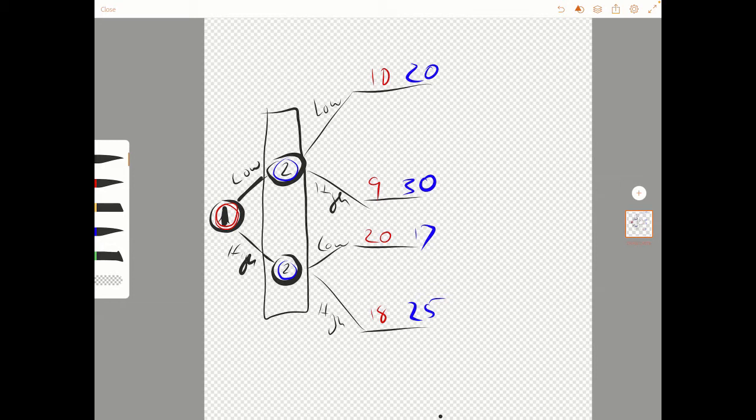Player 2 wants the best possible outcome for themselves. So they see that by pricing high, I either get 30 or 25. That's better than either of the options 20 or 17. So we know that player 2 is going to choose the high output. Player 1 looks back and says, well, if they're going to choose the higher output, what are my options? My options are to either get 9 or 18, and I would prefer 18.